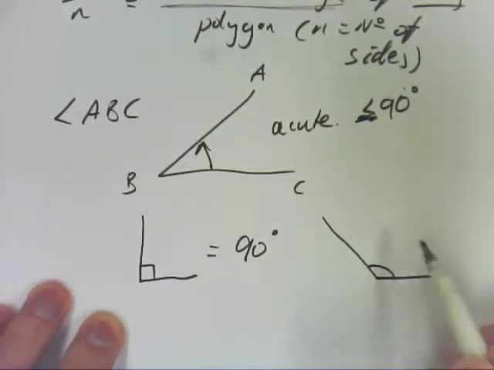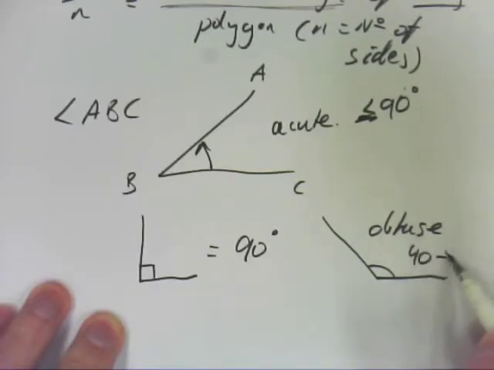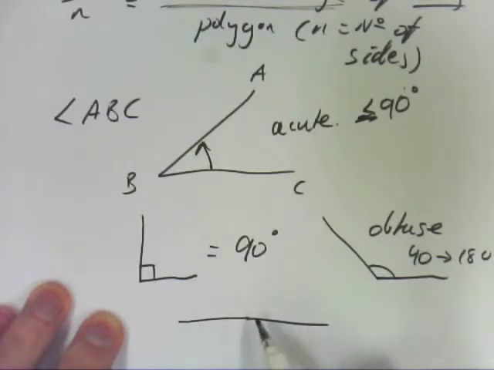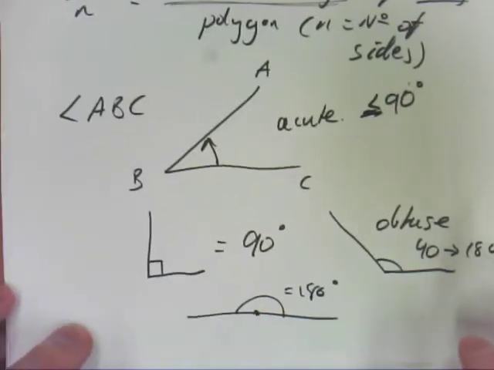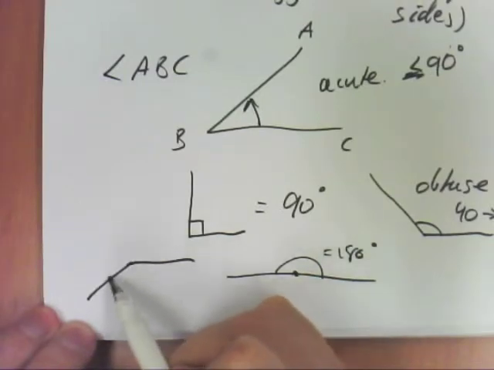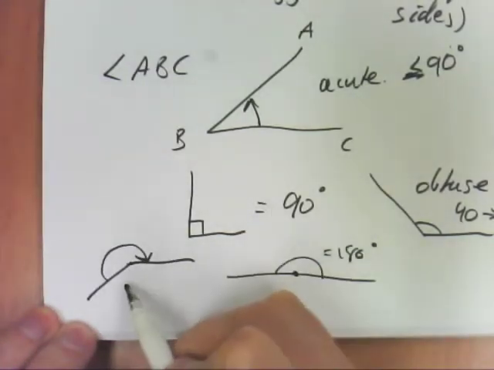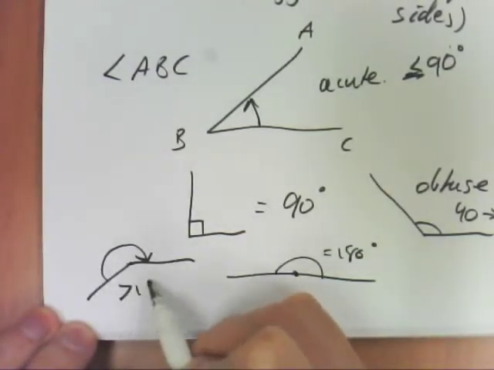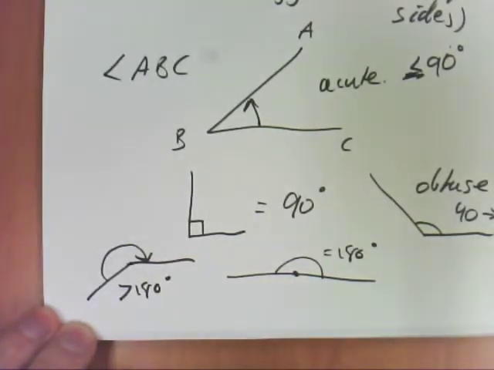An obtuse angle is between 90 and 180 degrees. A straight angle is 180 degrees, and it's called a straight angle. And there is one more, which I'll just draw over here, and that's called a reflex angle, which is greater than 180 degrees.